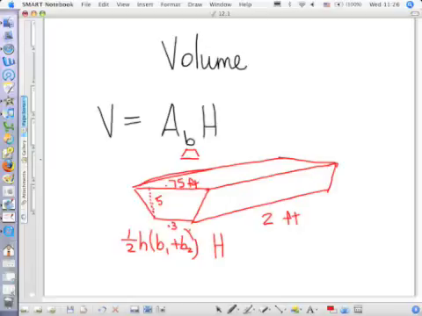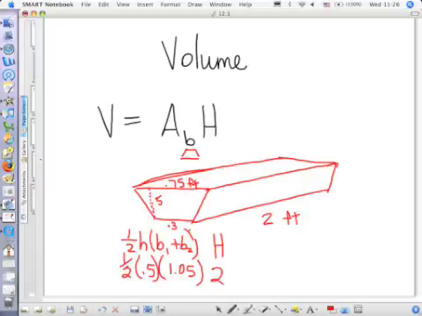So we have 1/2 times the height of the trapezoid, which is 0.5, times the sum of 0.75 and 0.3, so 1.05, times the height of the whole thing. What's the height of the whole thing? 2.